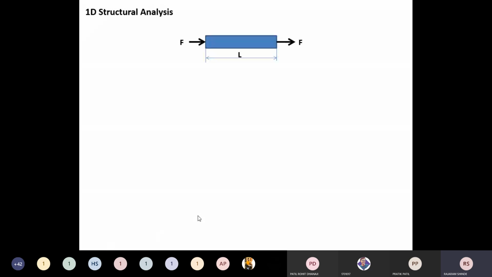If one dimension is big compared to the other two, go for one-dimensional. If two dimensions are bigger, go for two-dimensional. If all three dimensions are comparable, go for three-dimensional. Three-dimensional elements are tetrahedron, hexahedron, like that.